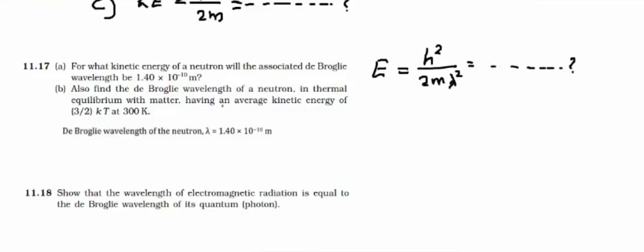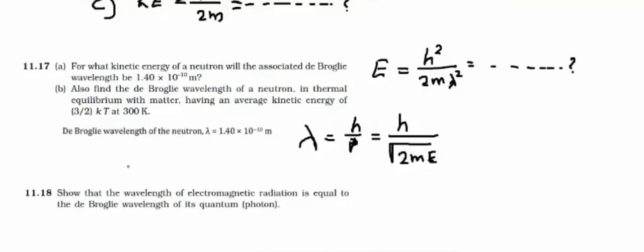Then also find the de Broglie wavelength of neutron in thermal equilibrium with matter, having an average kinetic energy of 3 by 2 kT at 300 Kelvin. De Broglie wavelength lambda is equal to h by p, which is h divided by under root 2mE.